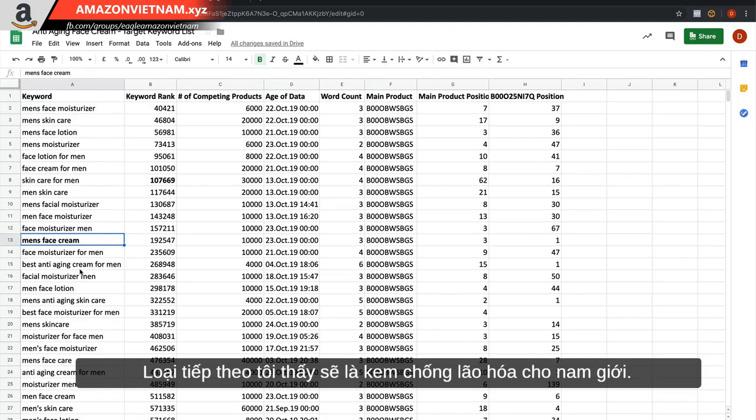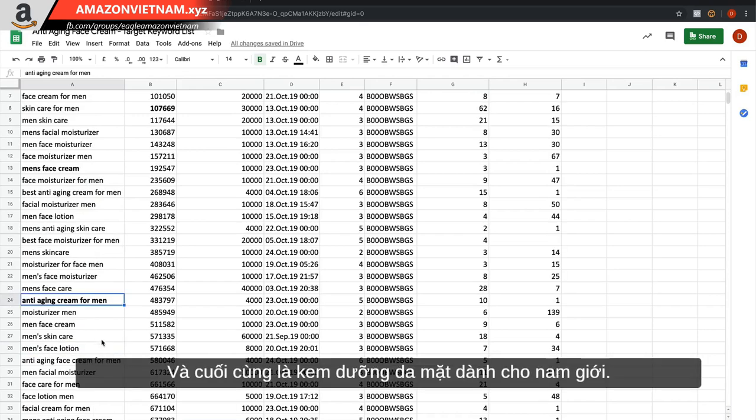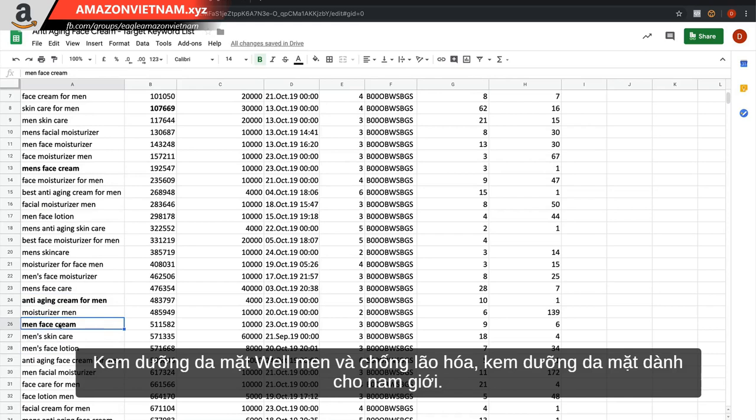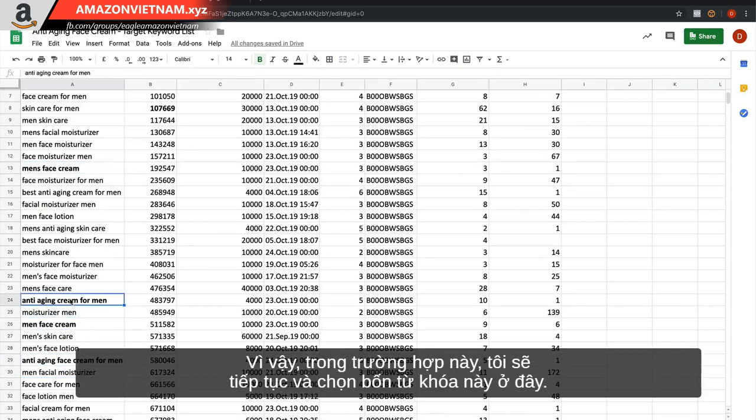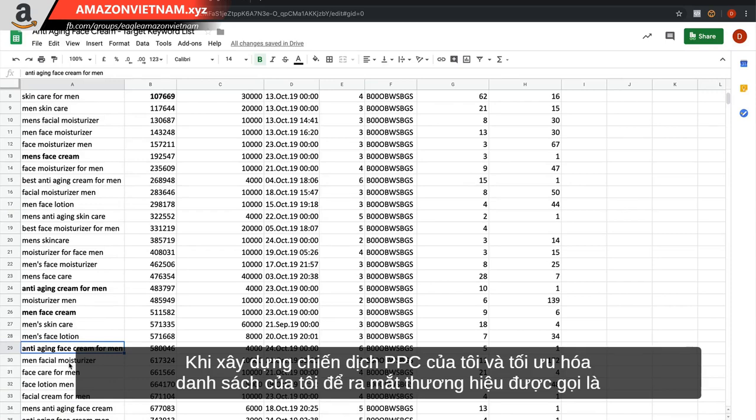The next one I see would be anti-aging cream for men. And then finally, men's face cream, or men face cream, and anti-aging face cream for men. So in this instance, I'm going to go ahead and choose these 4 keywords here when building out my PPC campaign and optimizing my listing for launch.